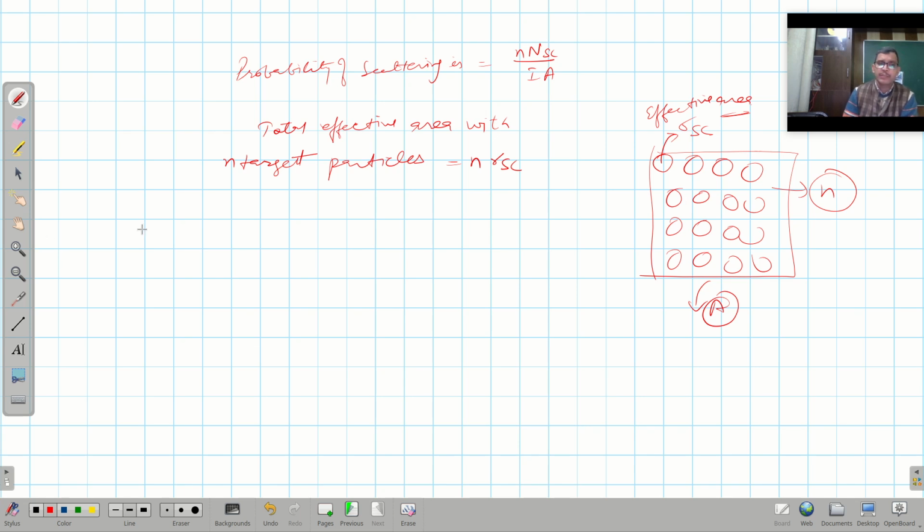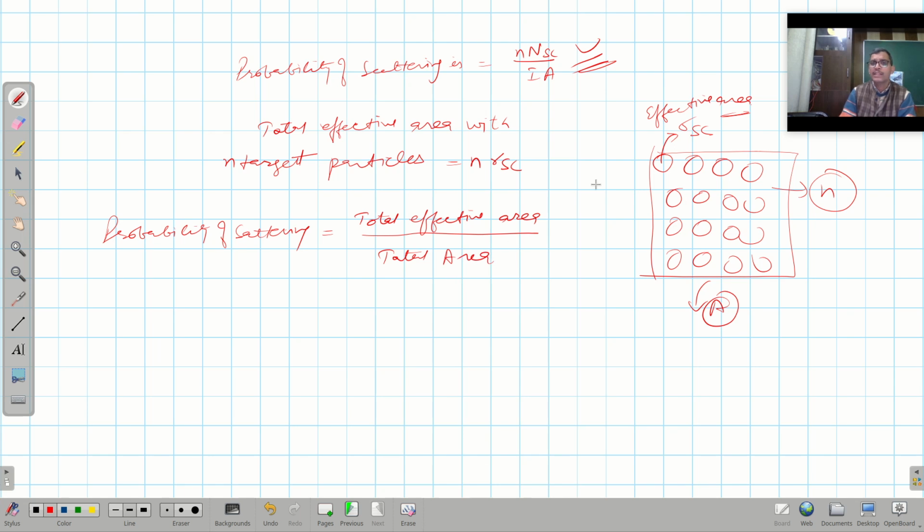Then what is the probability of scattering? This is the earlier definition which I talked about. Now the probability of scattering is the total effective area divided by the total area.